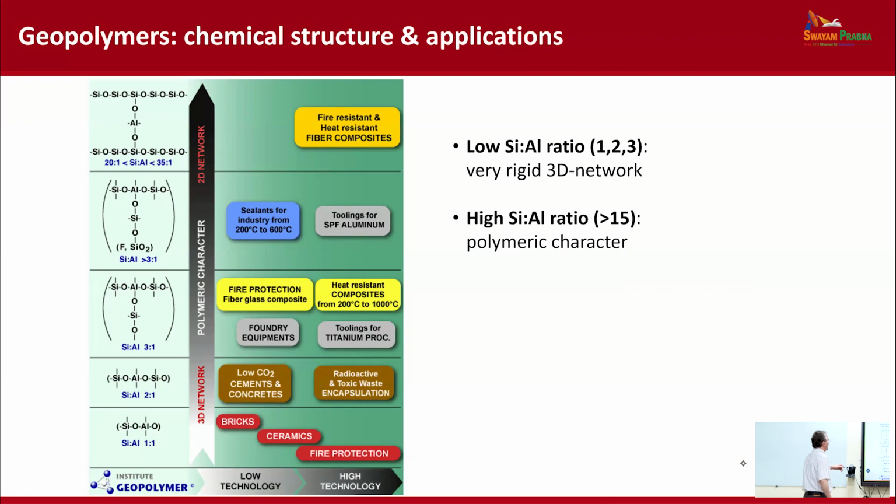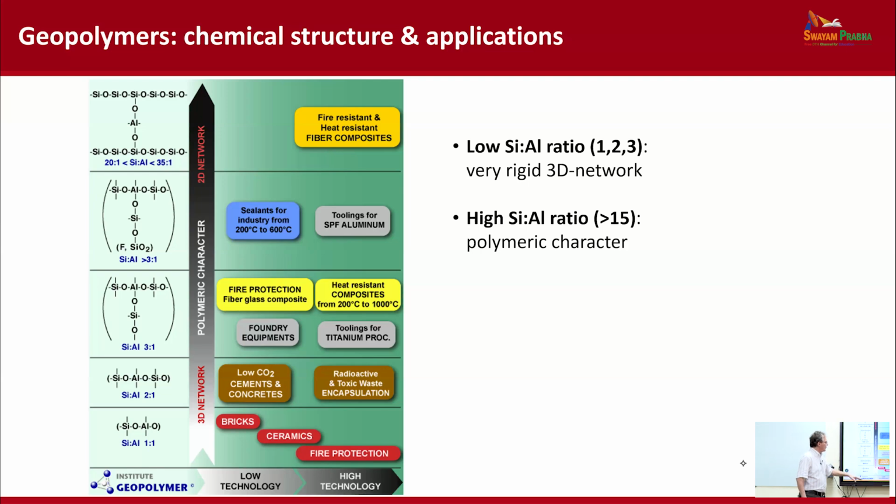So I told you that you have a reactive aluminosilicate source, and then you add alkaline species, including sodium silicate, which means that depending on the formulation of the starting materials, you can have different silicon to aluminum ratio.